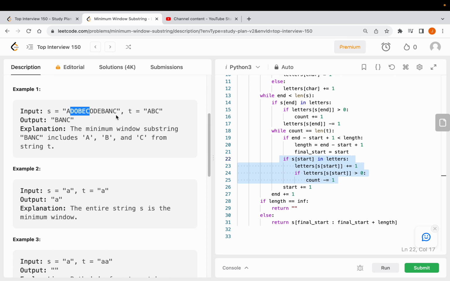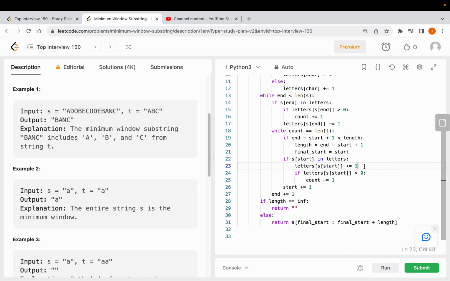But this time, we see this letter that's in T, and before, let's say we needed 1 A and we had that 1 A, and now we remove that A, so now we need 1 A again.